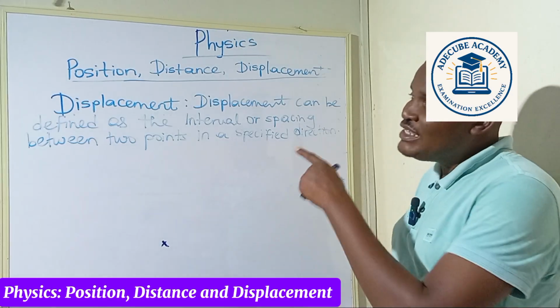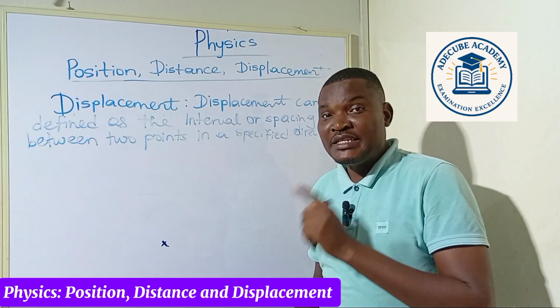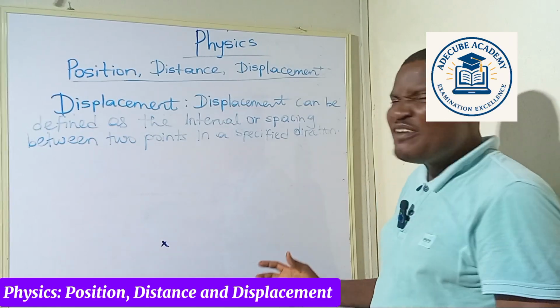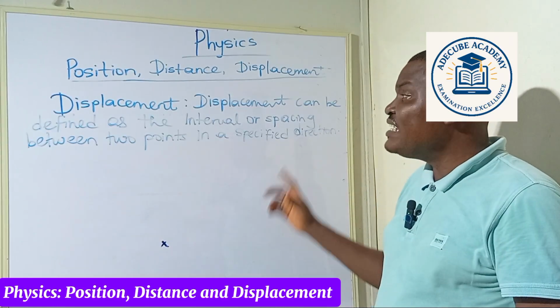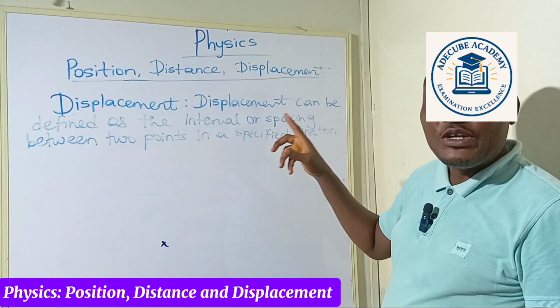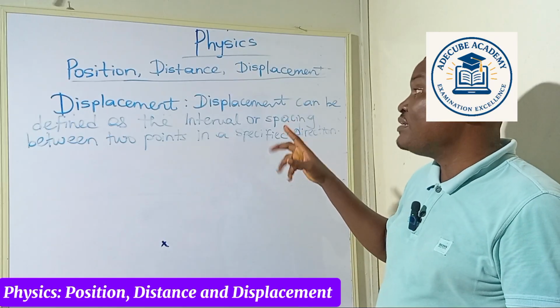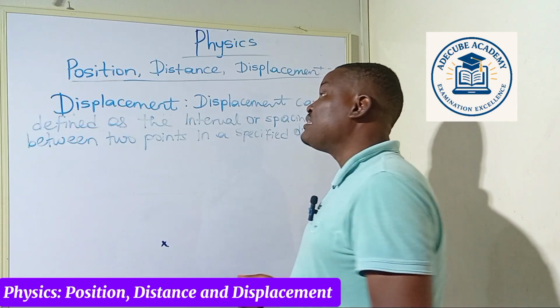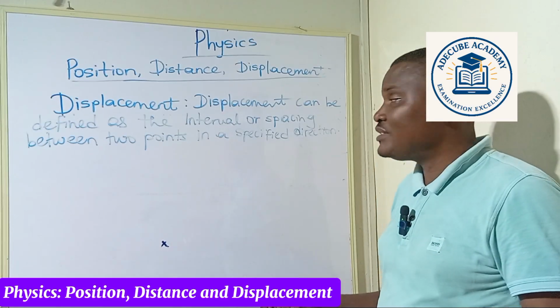Now, if you compare this definition with the last definition that I gave you, that's the definition of distance, you can see that they are related somehow. They're related in the sense that from this definition now, we can bring out the definition of distance. That means distance can be defined as the interval or spacing between 2 points.